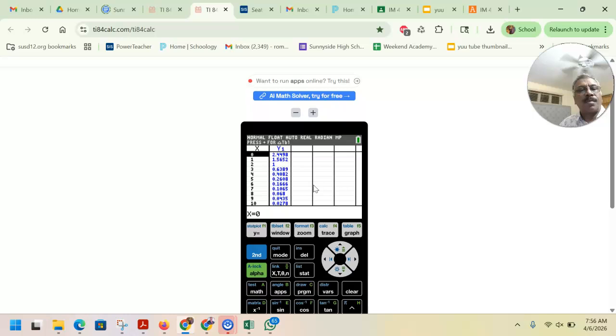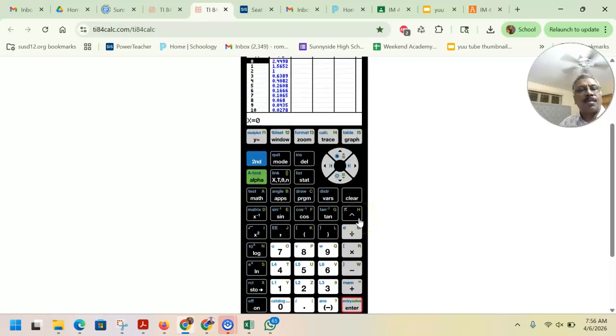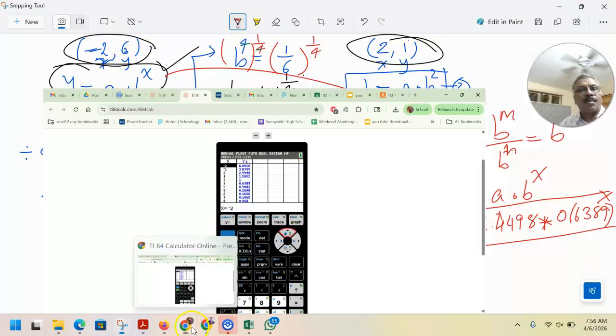So it's the first one. Or you can go back also -2, which is 6. And you can go down and check for 2. This is for 2 is 1. And -2 is 6.